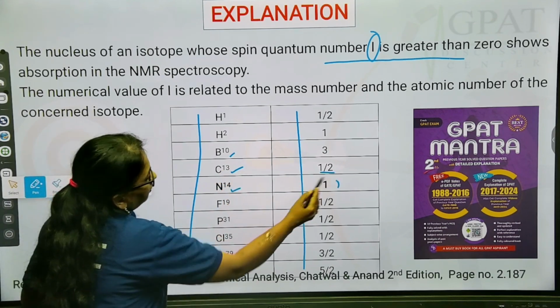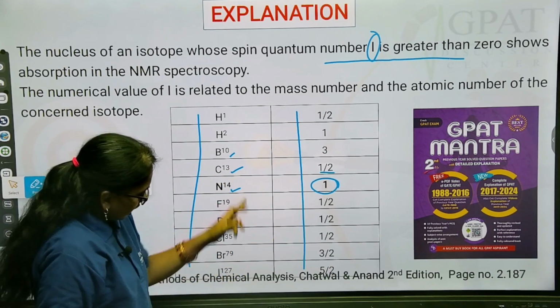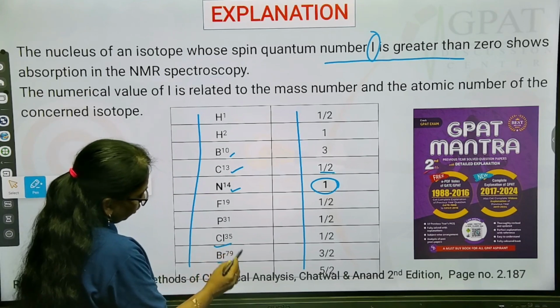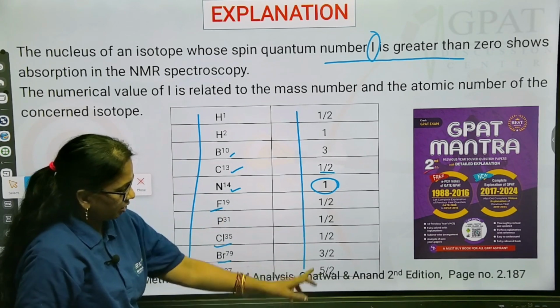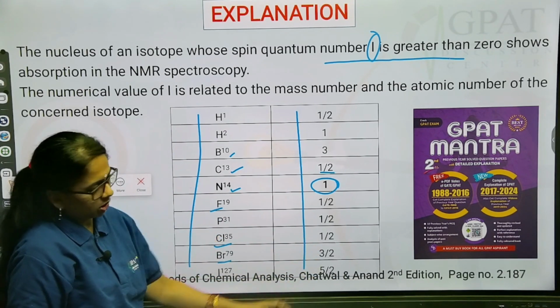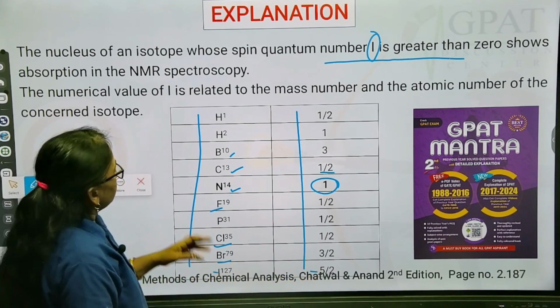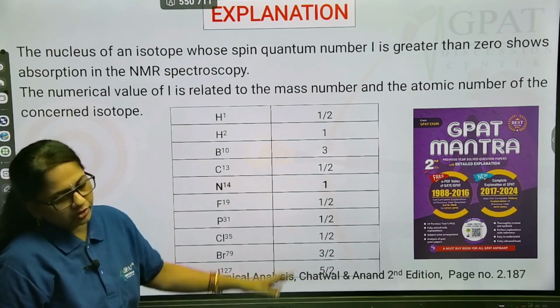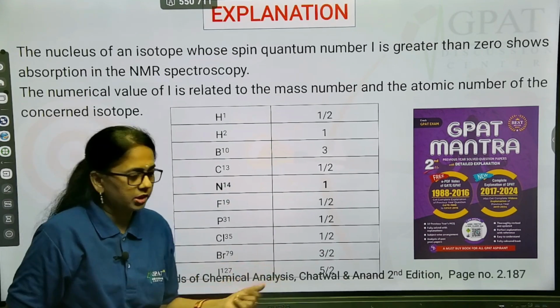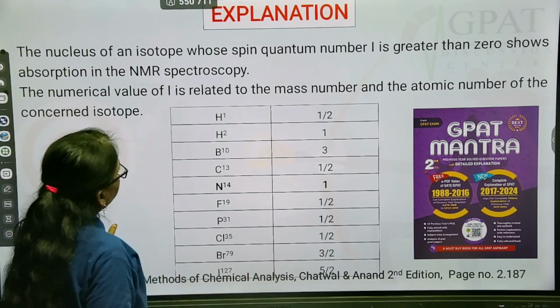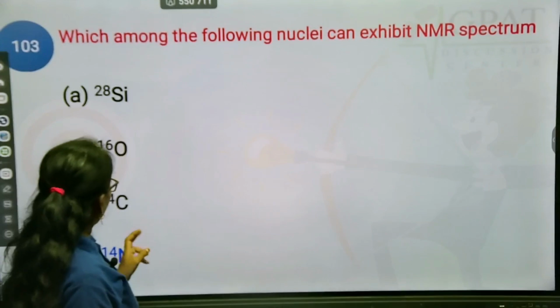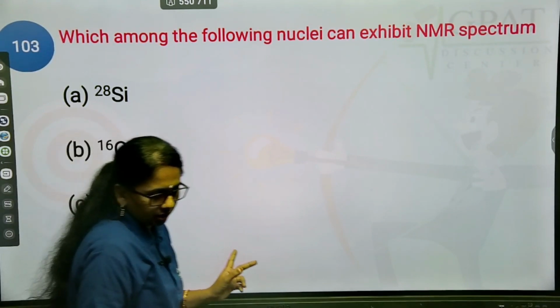Okay, N14, if you observe, this is 1. So like this you are going to see chlorine, bromine, fluorine. So for all these you are going to observe 1 by 2 as a spin quantum number, and iodine if you see 5 by 2. Okay, so like this spin quantum number, if it is more than 0, definitely it is going to exhibit the NMR spectra, and with this you can say that option D is the right answer.